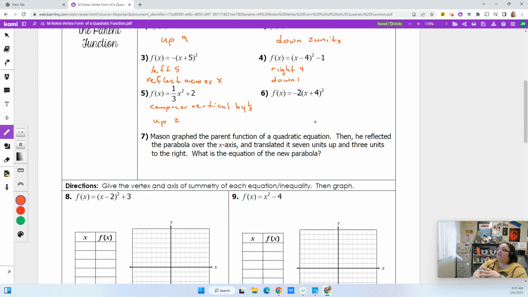Number 6 has a ton of stuff going on, right? If we look at number 6, we've got that -2, which means that it's going to reflect across the x-axis because it's got that negative. It is going to reflect across the x-axis.